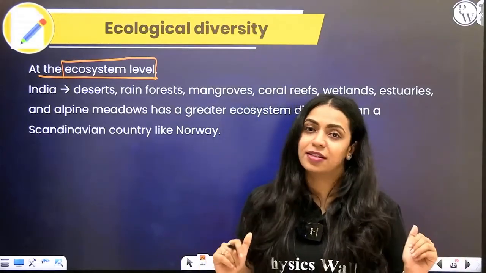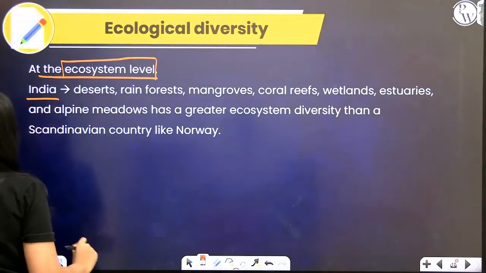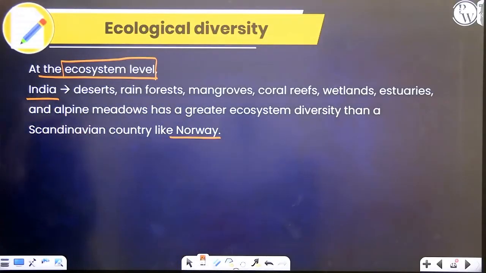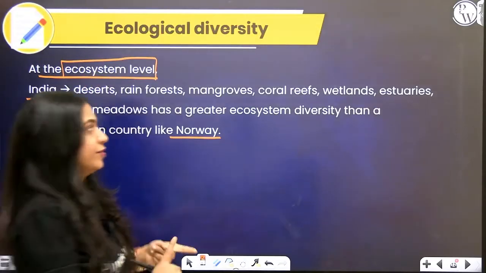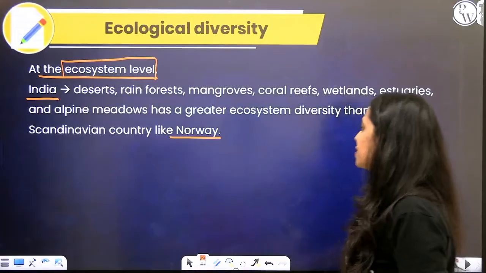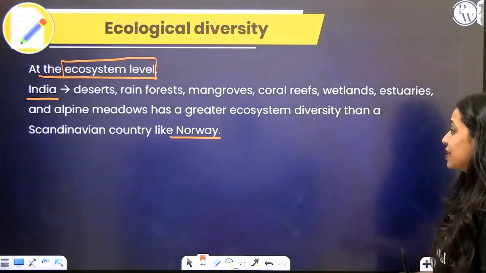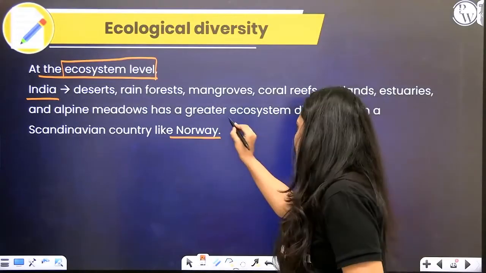So, if you consider 2 countries, let's compare India and Norway. India has more types of ecosystems. In India, we have deserts, rainforests, mangroves, coral reefs, estuaries, alpine meadows, and such a great variety of ecosystems.